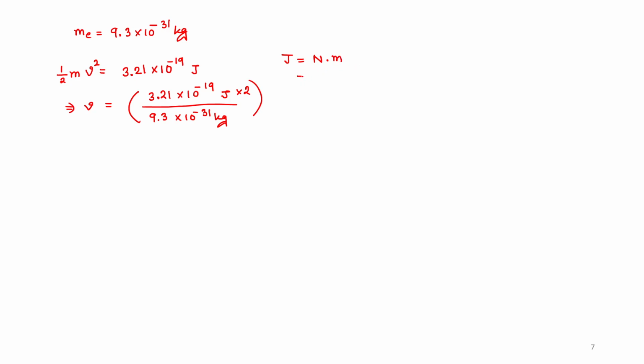And how do we break down Newton? By Newton's second law of motion, force is mass into acceleration. I am always taking SI units, so kg into meter second to the power minus 2. So this is my joule: kg meter square second minus 2.